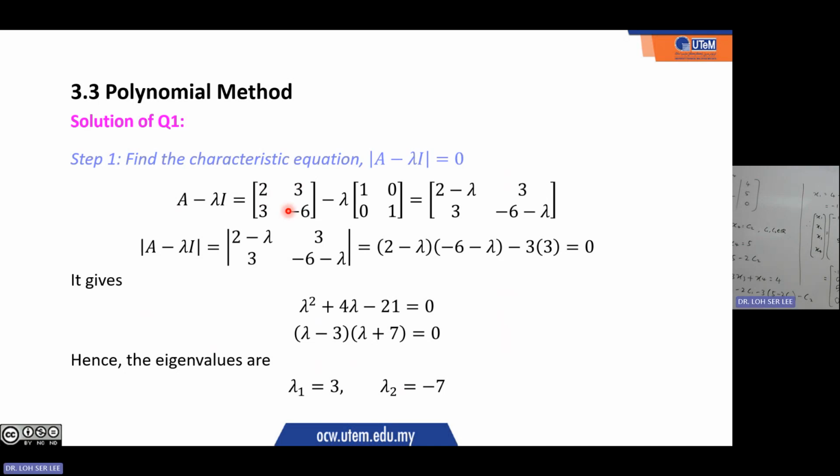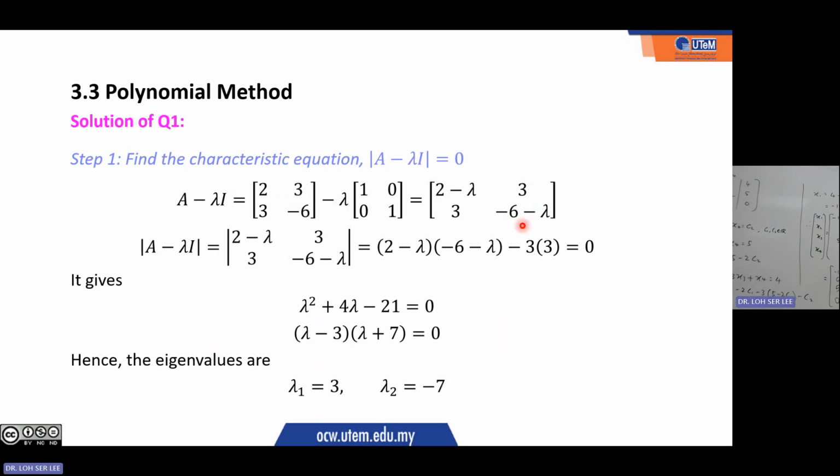Remember, to get the eigenvalues, you need to find this. What is this? This is the determinant of the matrix A minus lambda I. So A minus lambda I, you get this.